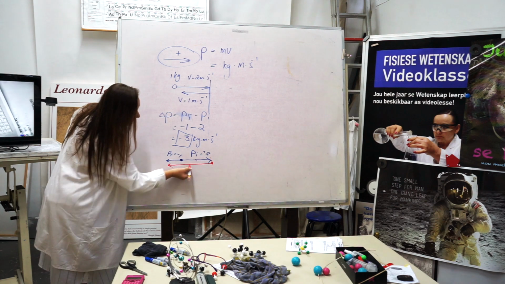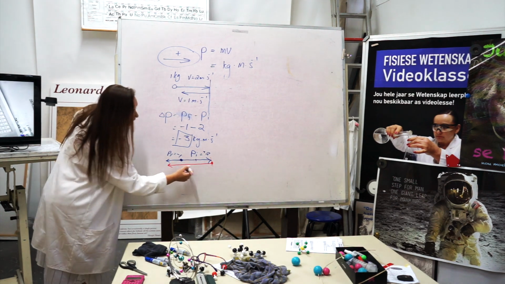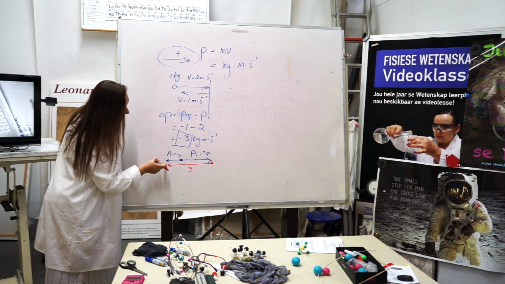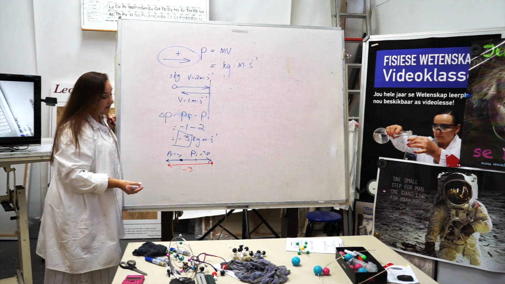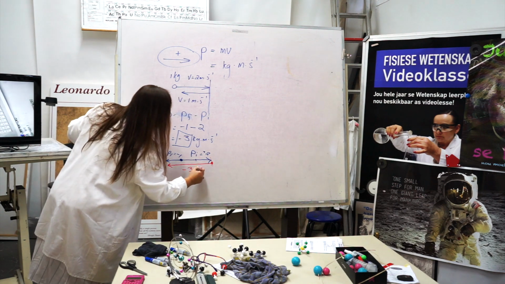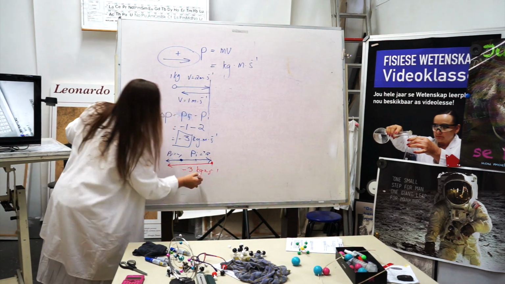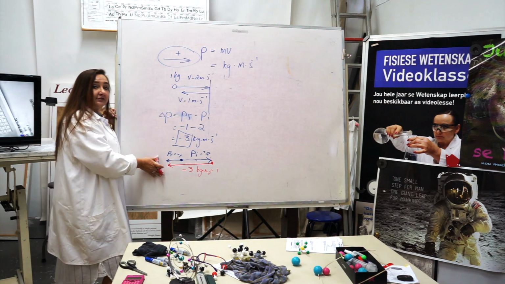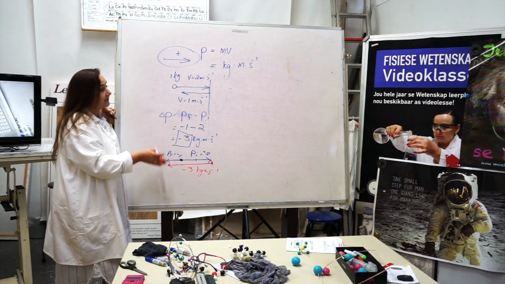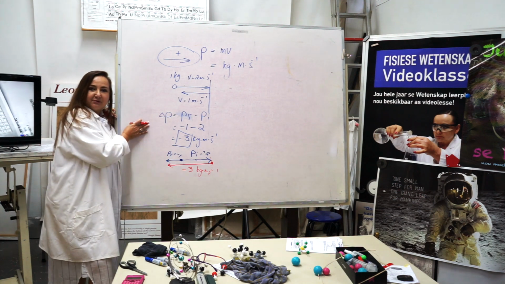It's going to be 1, 2, 3, a value of 3. And in what direction? If I chose that direction as my positive, it's in the opposite direction, and that equals then your change in momentum. So you see, just focus when you do this as a vector diagram, and they ask you for the change in momentum.